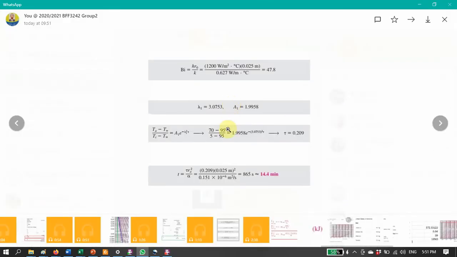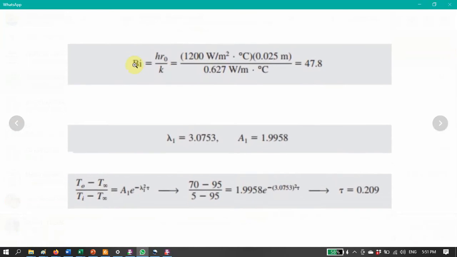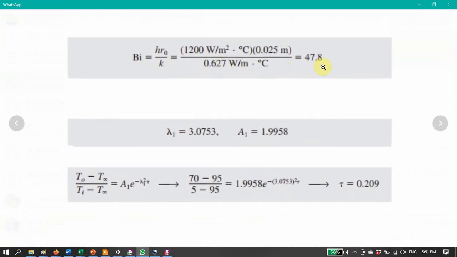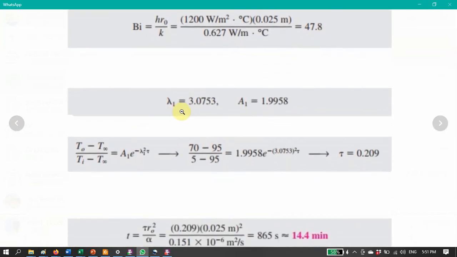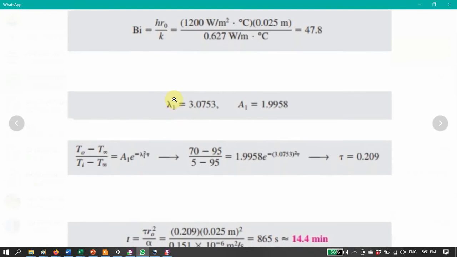Right, so we have a solution from the books. The Biot number is 47.8, similar to what we get, and then we have the coefficients for the first term in the infinite series solution.